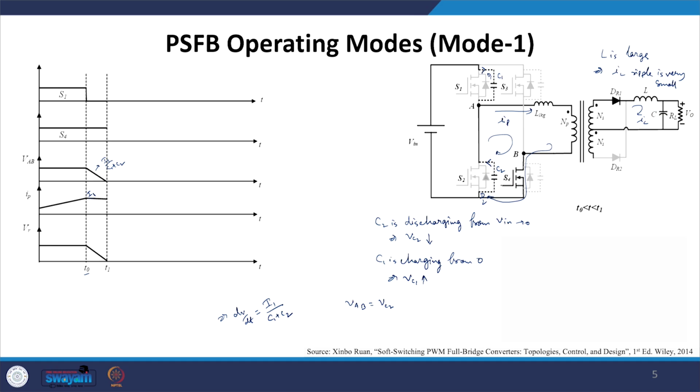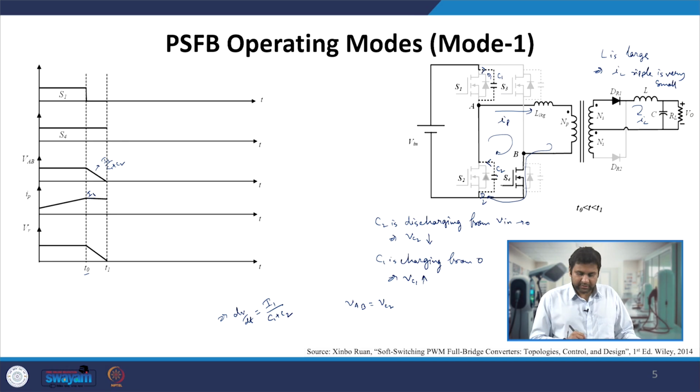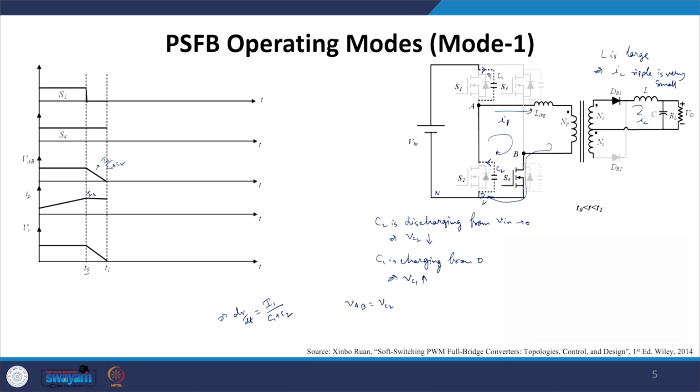Hence IP is nearly constant, and let us define this number to be I1, and this slope is limited by the current I1 coming out of the bridge, and C1 and C2. So the moment we turn off the S1 switch, the voltage at the output of the bridge, VAN, has a limited dV/dt.